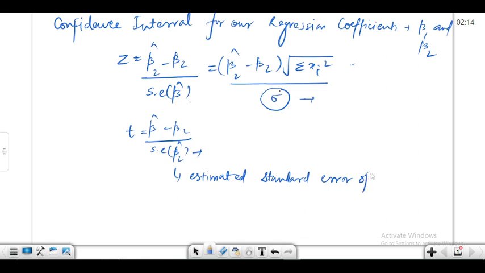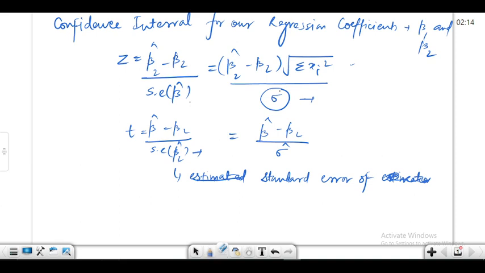Instead of using this, you can write this in terms of the estimator of sigma. You don't have the exact value of sigma, so you take the value of sigma hat, that is the estimator. So this is the right thing actually. It is the estimated standard error.